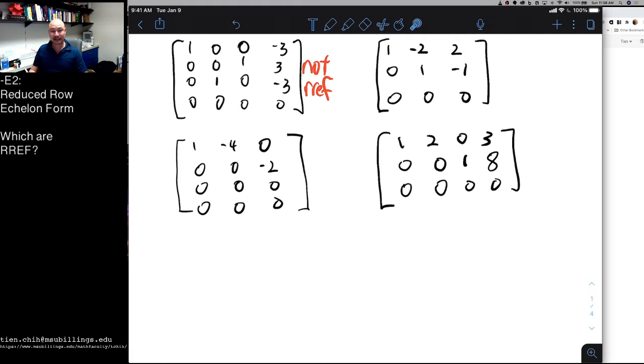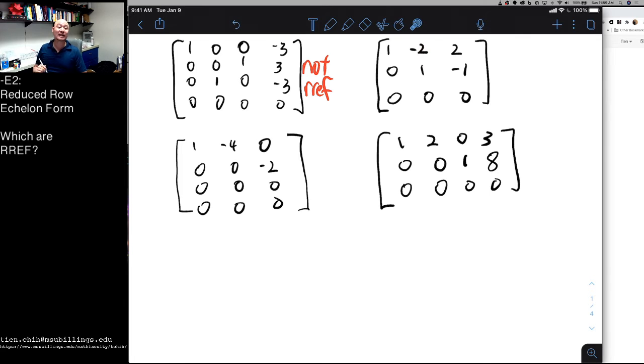Alright, next let's move on to the matrix over here and ask ourselves, is this in reduced row echelon form? And if so or not, justify. So when I look at this matrix here, I notice I have a leading one here, and I have a potential pivot leading one here, but it has zeros underneath, but a non-zero entry above it.